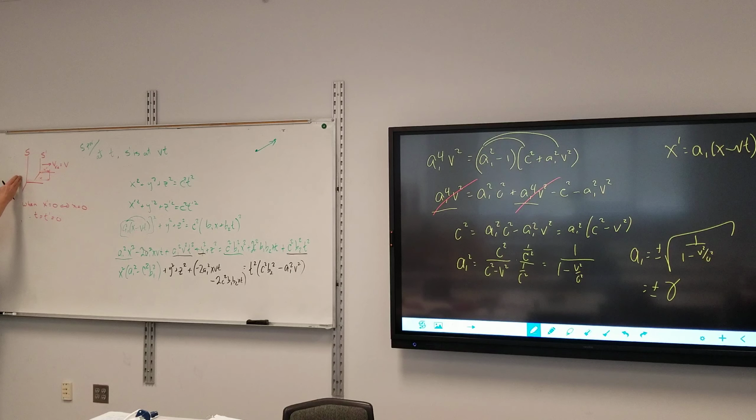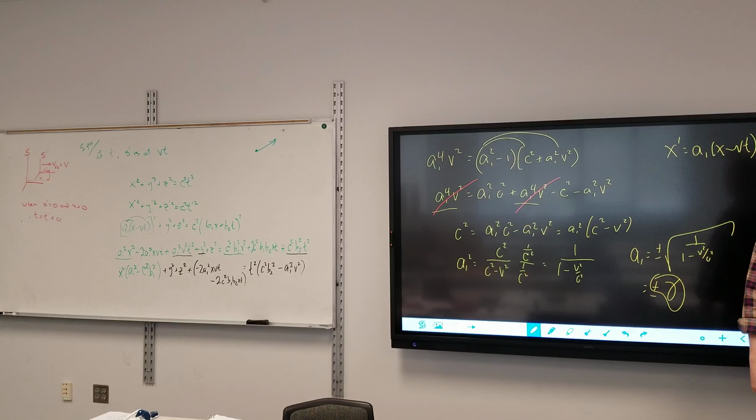I'm not going to have x prime positive and a negative x, given the way I've defined my speed. So the positive solution is the correct solution.